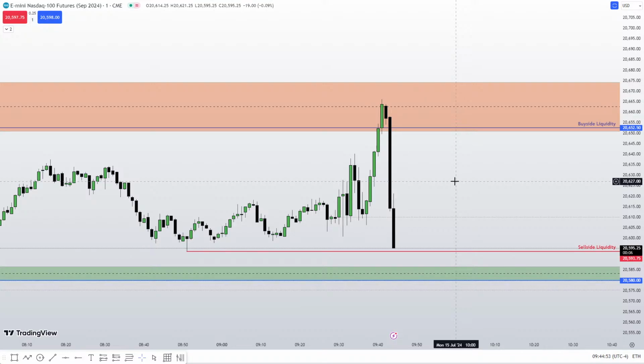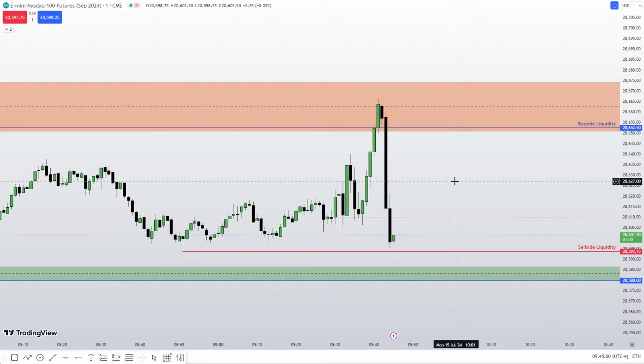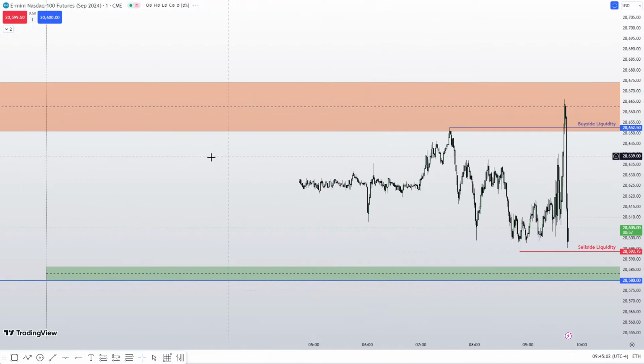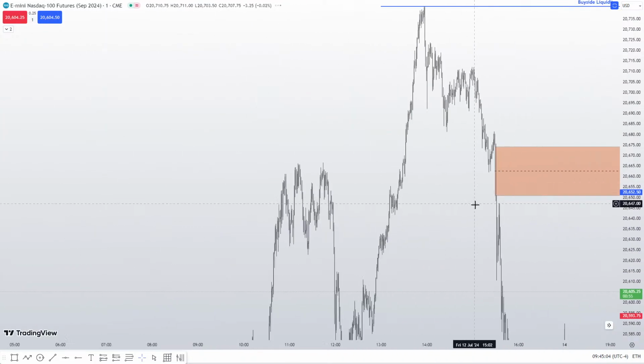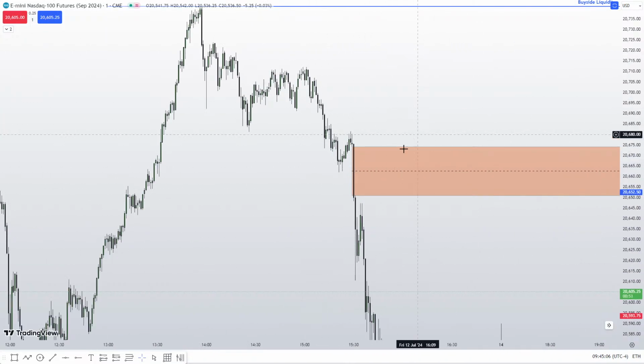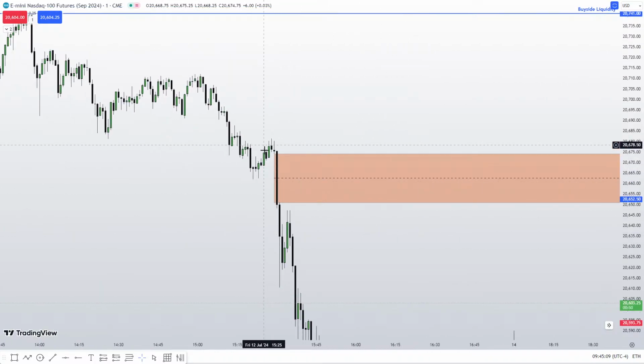What's that orange box? Okay, Malik bhai, that orange box is a 1 minute last fair value gap of that price lag. Let me show you. This fair value gap is inside the H1 BPR, and this is the last fair value gap of this price lag.